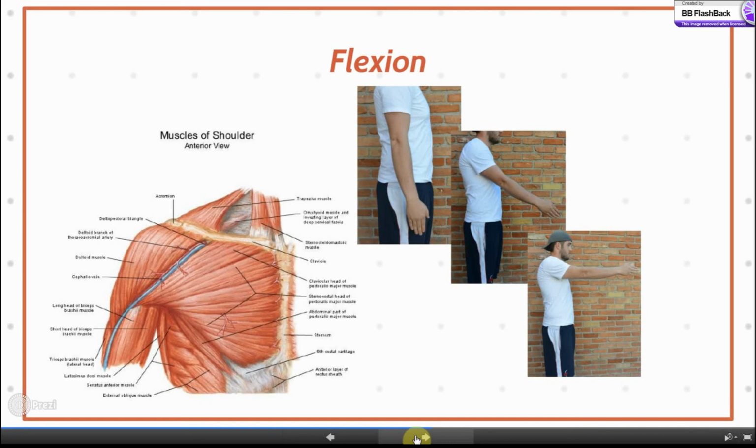The infraspinatus and the teres minor externally rotate and stabilize the humeral head, while the serratus anterior and the pectoralis minor abduct the scapula. As these muscles shorten or perform concentric movements, the shoulder will flex as one unit.